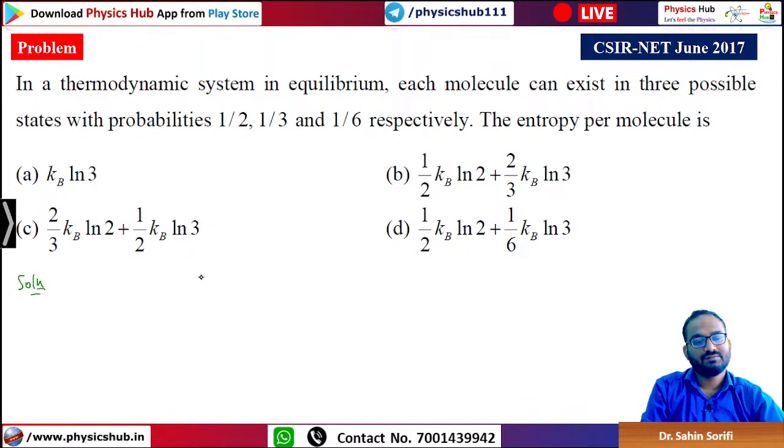Probabilities are given to you. P1 is half, P2 is 1/3, P3 is 1/6.